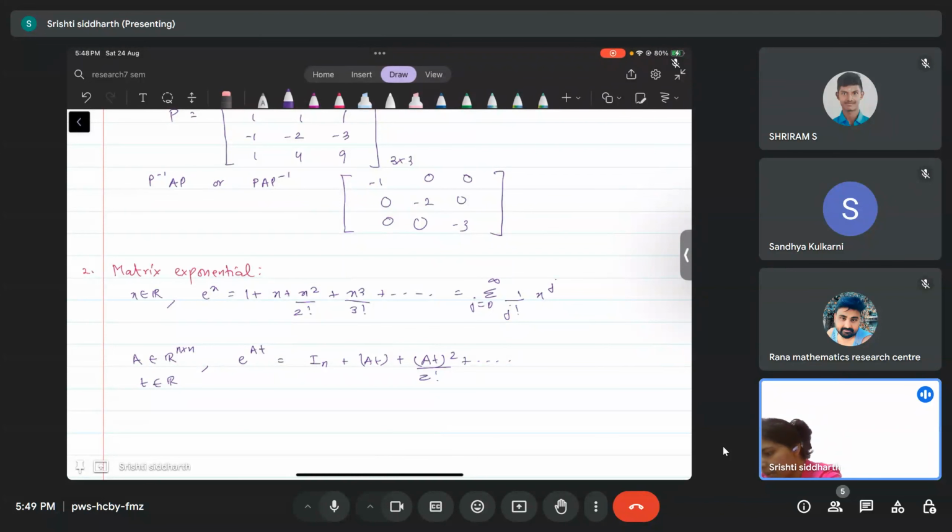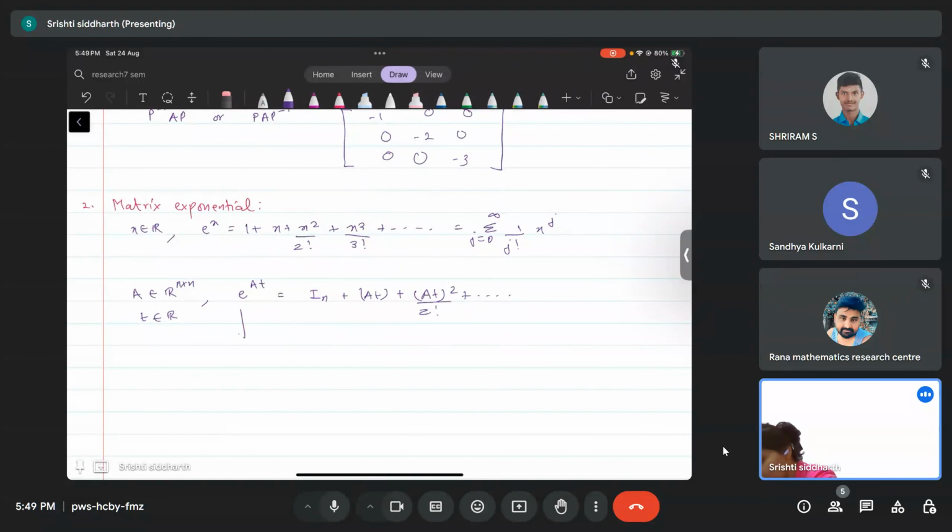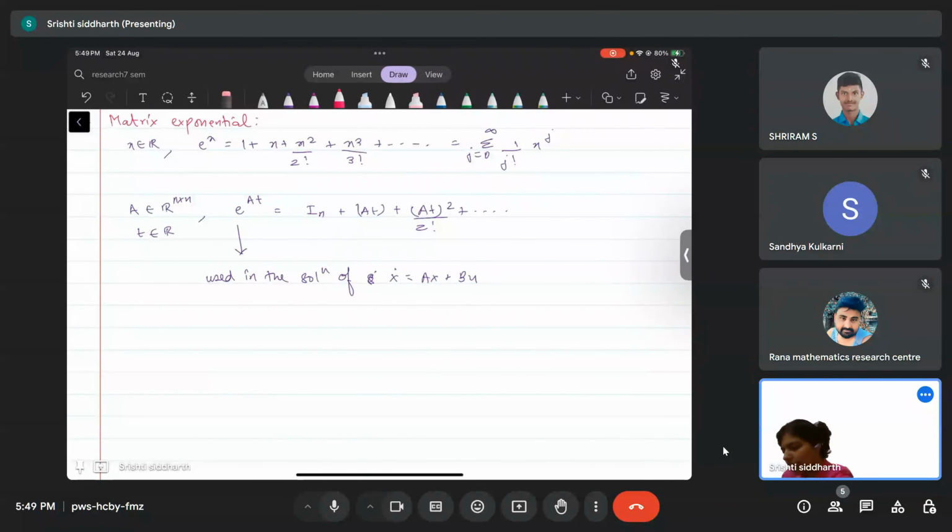So this will appear in the solution of the state space equation. Let's write this down: x dot equals A x. This is a homogeneous system because the input is 0, and we need to find out what the solution of this system is.